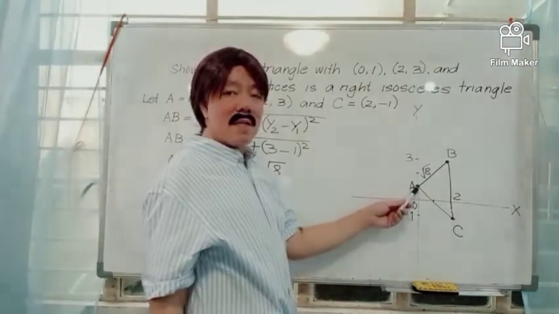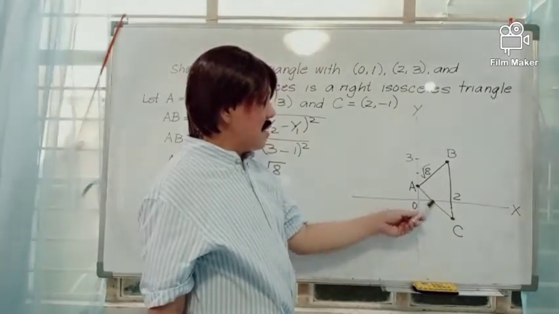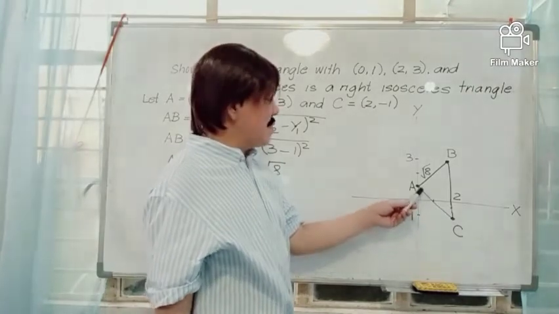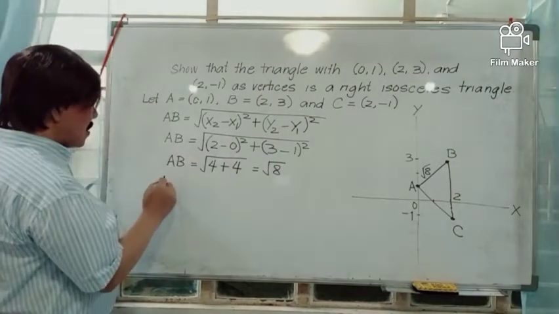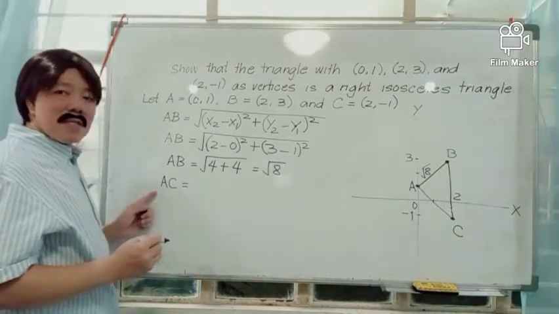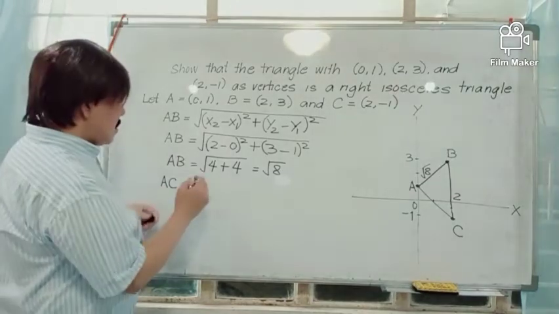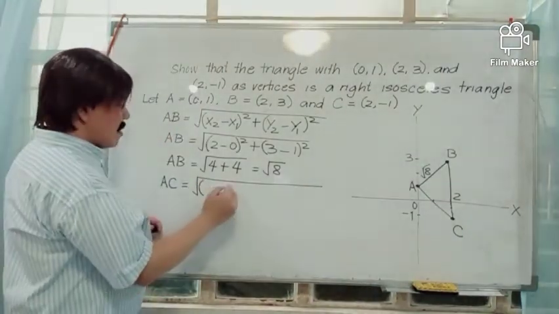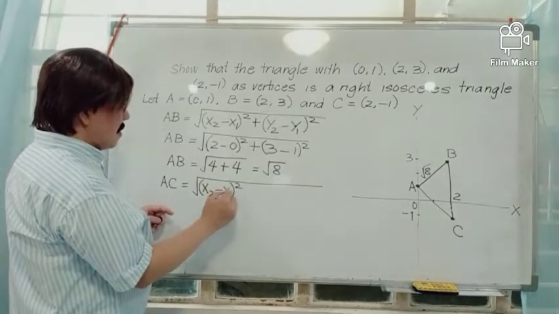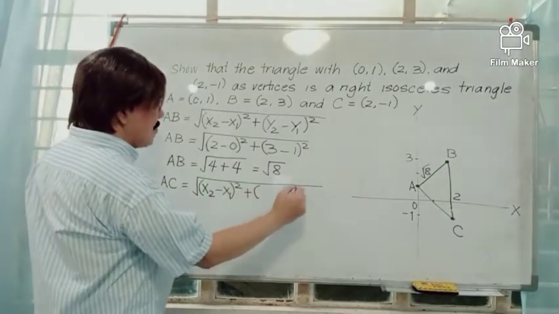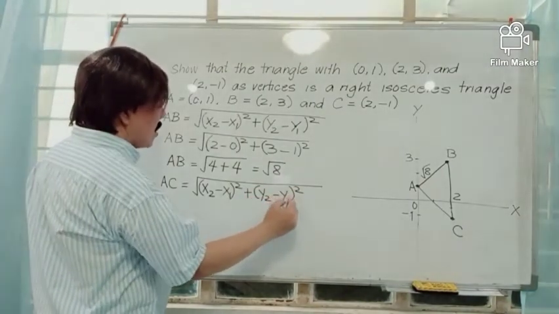Now we take the length of this side, the side through the vertices A and C. To find the length of this side, we get the distance between point A and point C. By the distance formula, the distance between the vertices A and C is equal to the principal root of the square of the difference between the abscissas of A and C plus the square of the difference between the ordinates of A and C, y2 minus y1.